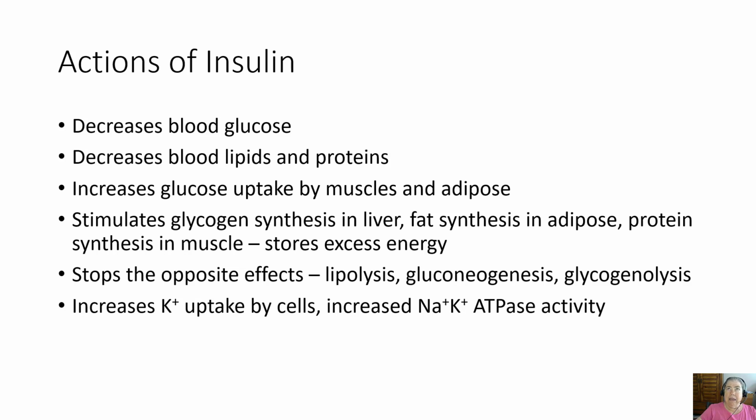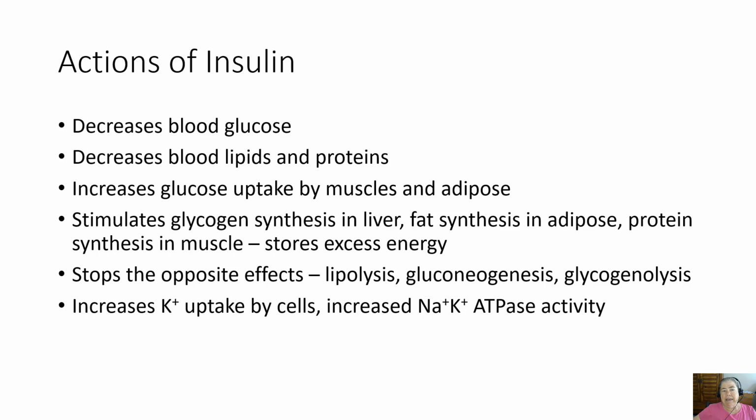So when insulin is released, a number of things happen. Blood glucose goes down. Why? Because one of the things that it triggers is the uptake of glucose into cells. Blood lipids and proteins also go down.